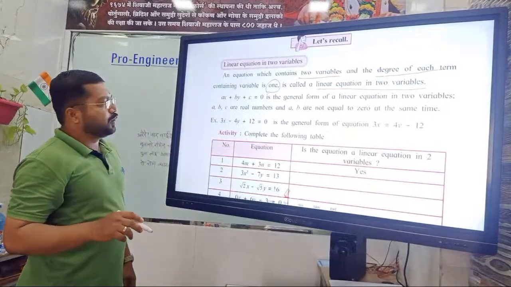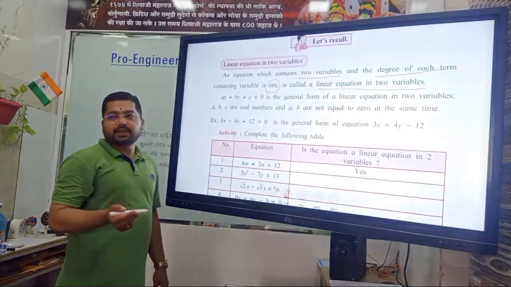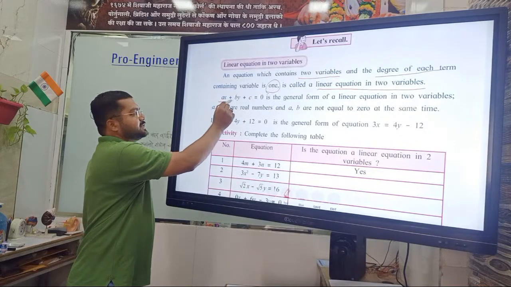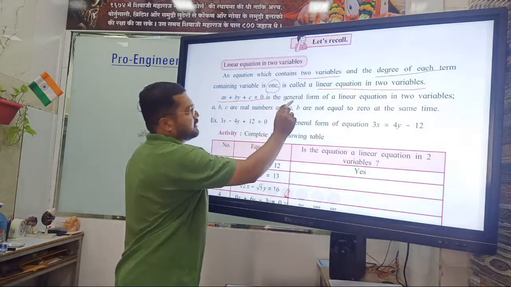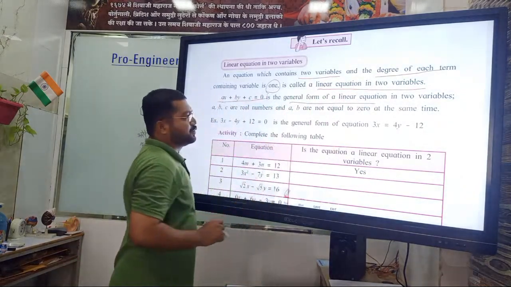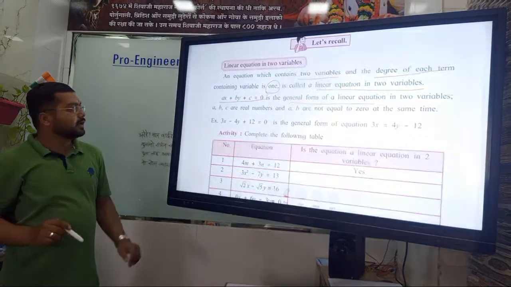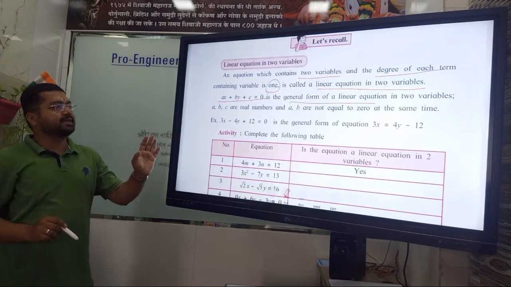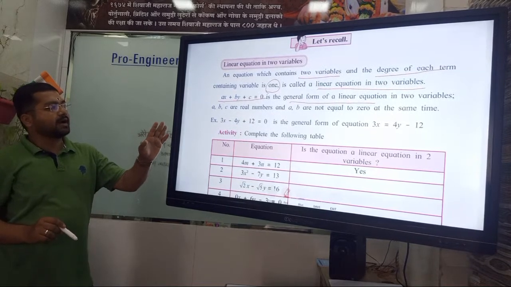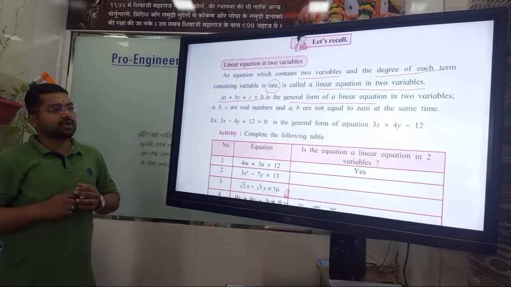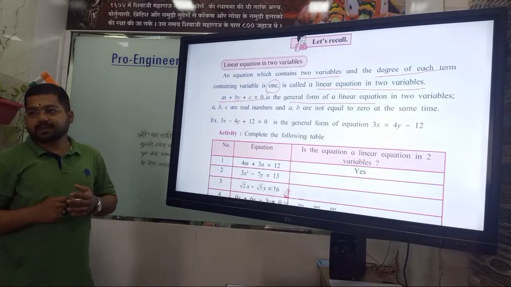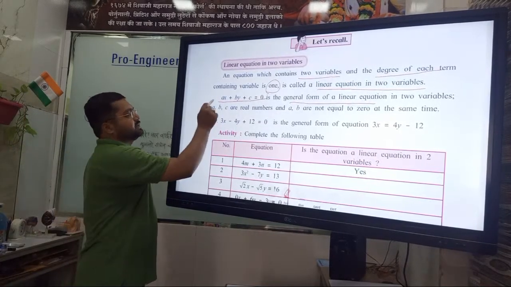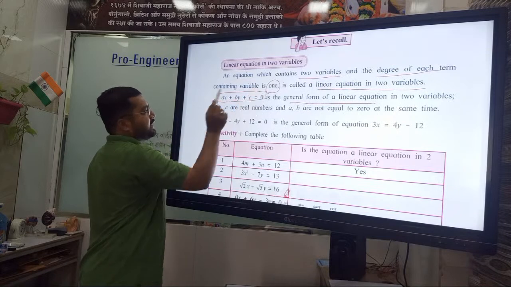Now, what is the general form of that linear equation? The general form is ax plus by plus c is equal to 0, right? A, B, C are real numbers and A, B are not equal to 0 at the same time. Means हमें इस इक्वेशन में क्या ध्यान रखना है?